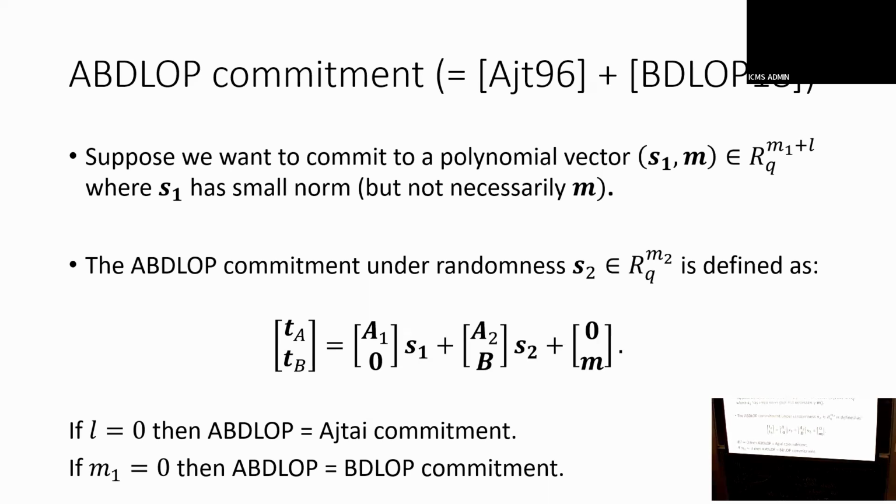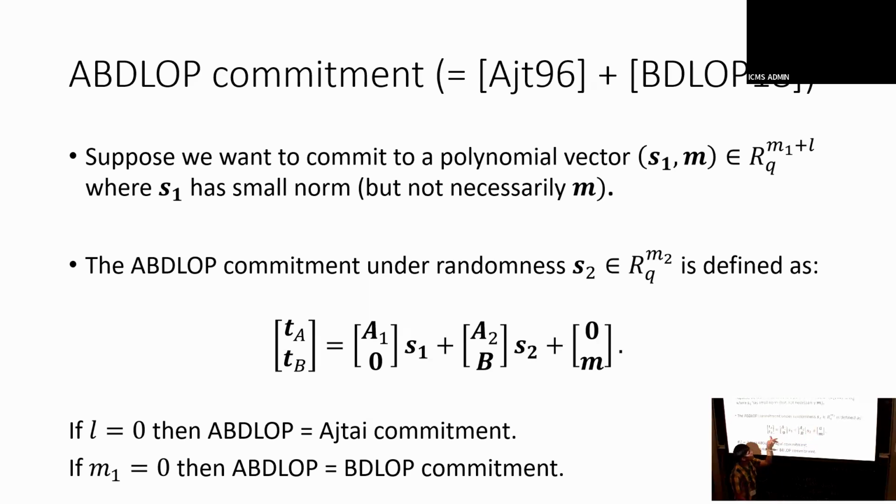Is this better than using just the BDLOP commitment? Yes, that's a good question. In the BDLOP commitment, your M would contain S1, so you would have S1 in the part below.